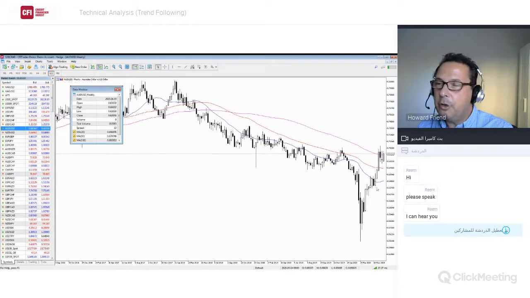And as with Eurodollar, we've cleared the shorter moving averages, and we're now threatening to close above the falling longer moving average, the 100-week moving average. I think that is going to be giving us a bit of a bullish indication that we could be heading a lot higher with the Australian dollar. Certainly this big move down has flushed out a lot of shorts, trapped a lot of short sellers.